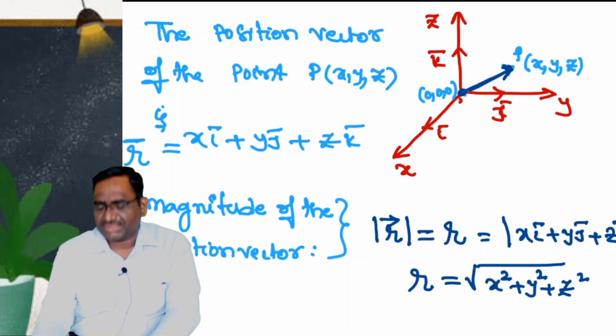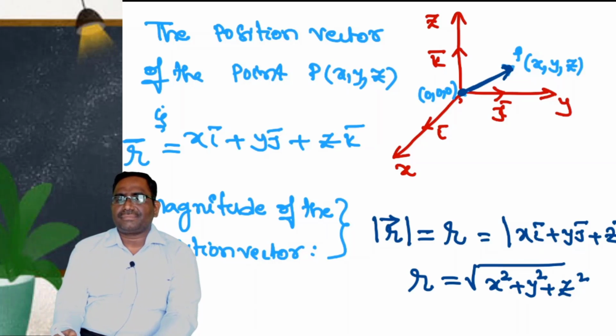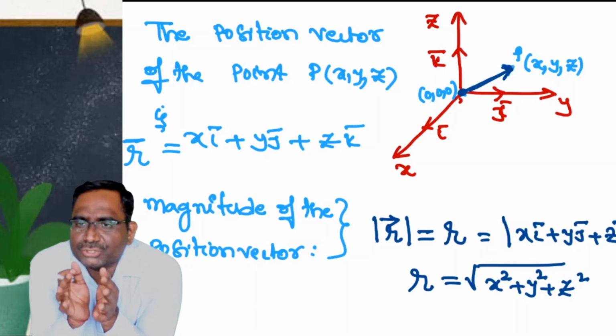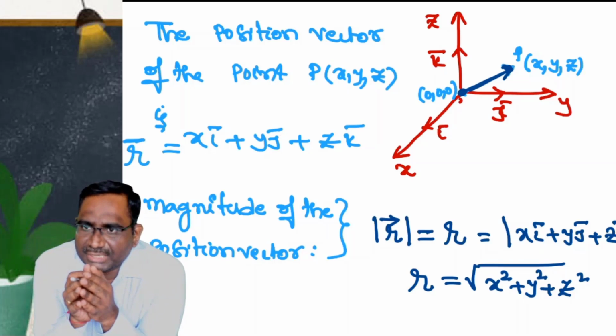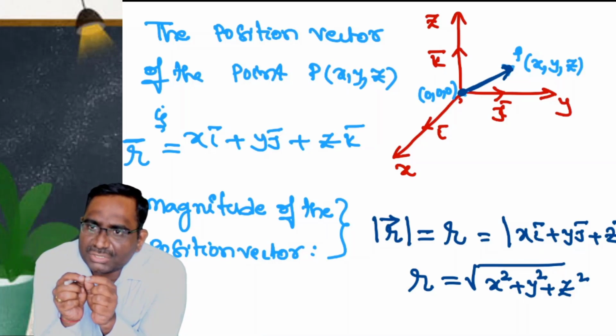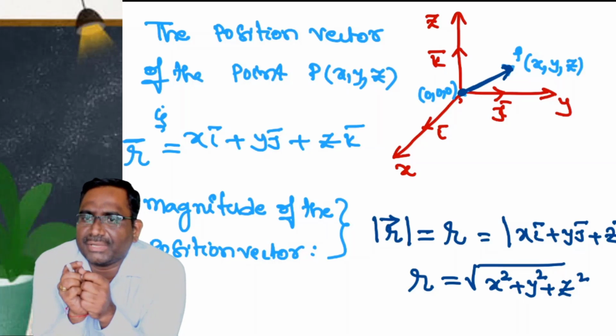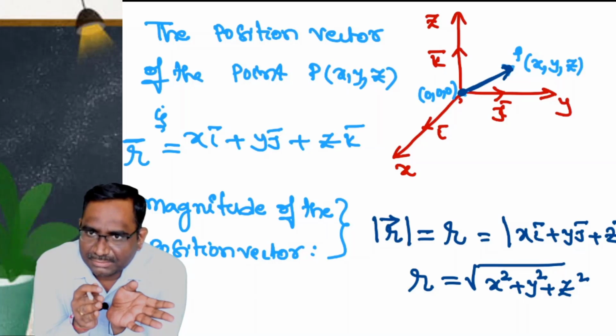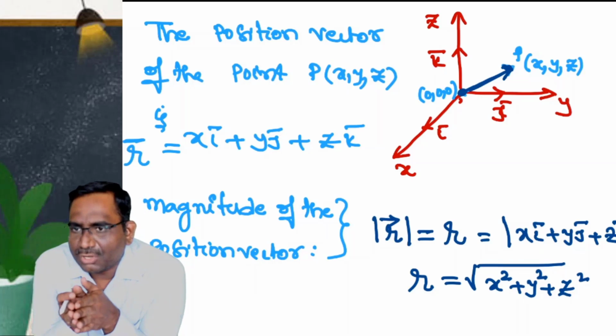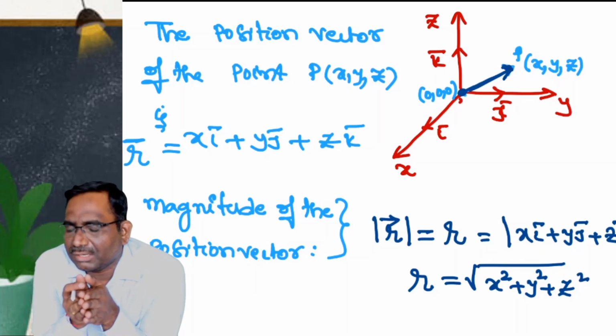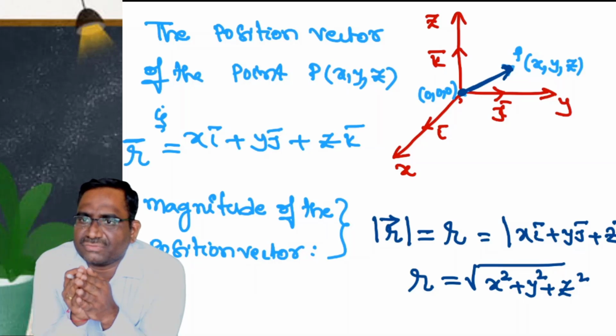This is the value of r, the magnitude from the reference point, the origin, to the point P (x, y, z).